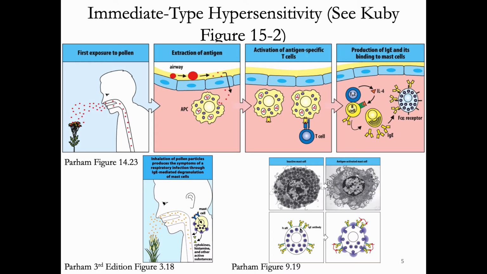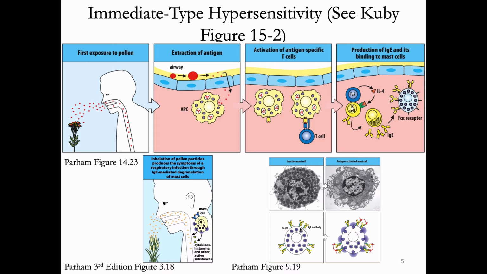The first time you encounter the antigen, like this lovely pollen, that may go to an antigen presenting cell, that will turn on a T cell, you'll make IgE, and that will bind to the mast cell. And so actually that first time that you encounter the pollen, nothing happens, you feel fine. You're just coating up your mast cells for later.